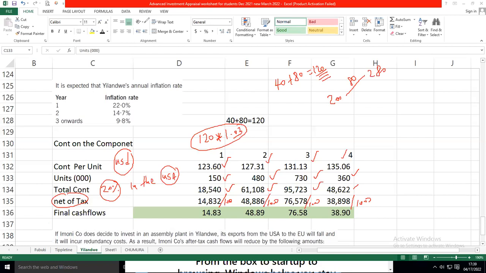So if we use the tax of 20% in the first year, then the final figure that we get is 14,832. Yes. So what I did, I multiplied my figures by 0.8.